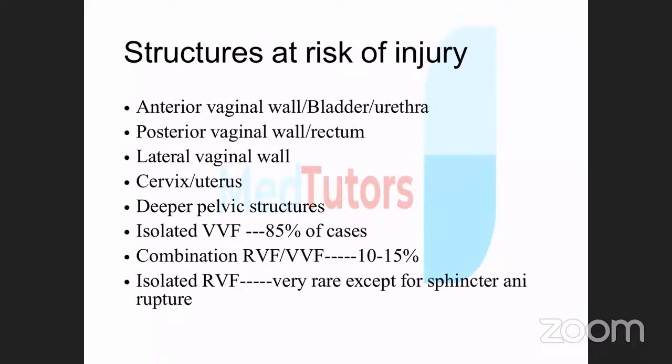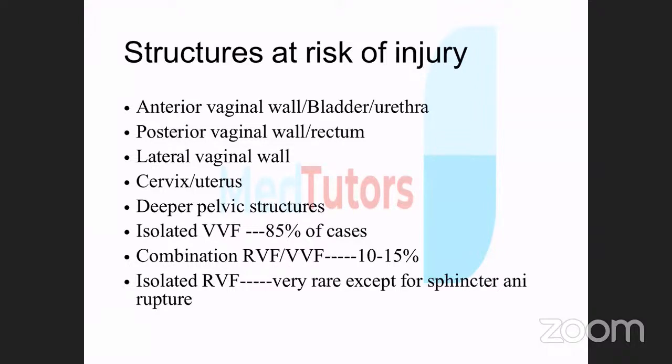So what are the structures at risk following an obstructed labor? Anterior to the uterus is the vaginal wall, the bladder, and the urethra. This is particular in obstructed labor when the presenting part has already entered into the pelvis.